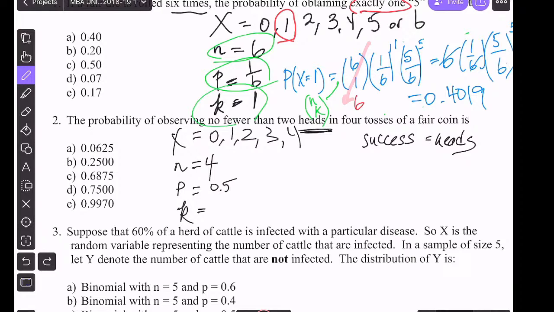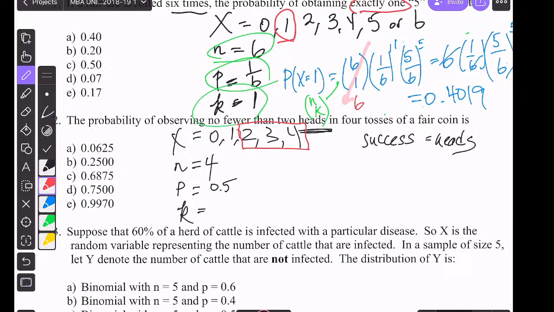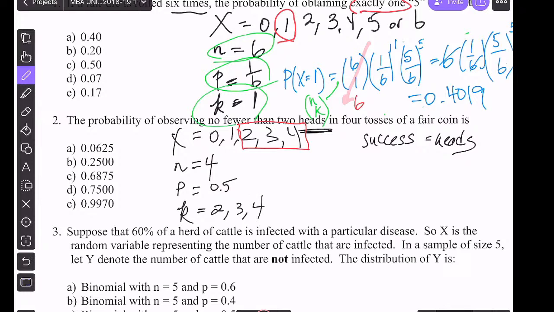So that would be all of these. It means that I have to apply the formula for k equals 2, k equals 3, and k equals 4 and add them together. Okay? So that's the catch there.